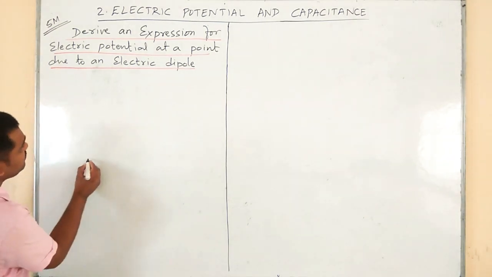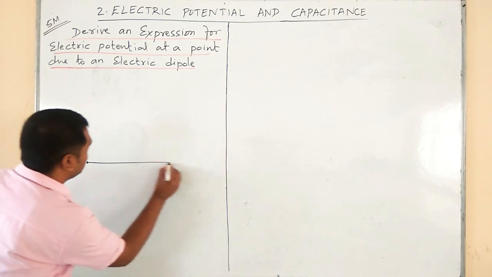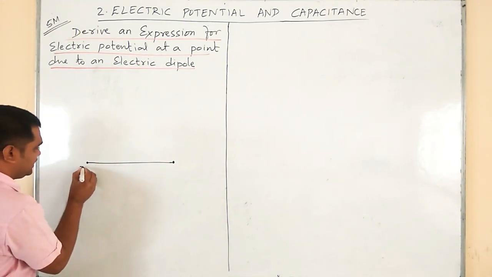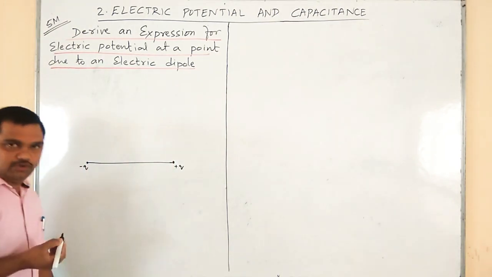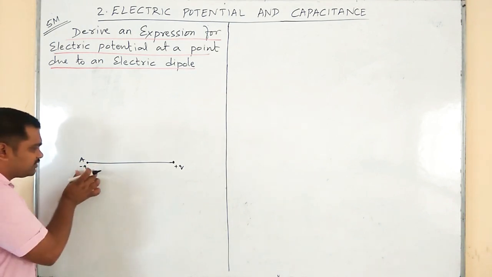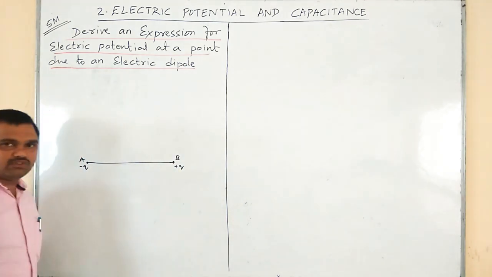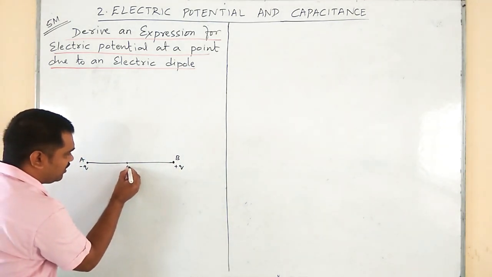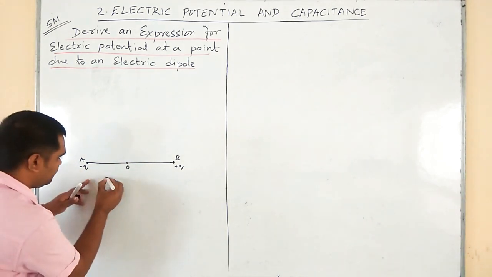Okay, see. Let us consider an electric dipole containing two equal and opposite charges, that is minus q and plus q. Let A be the point at which minus q has been placed. Similarly, at point B, plus q charge has been placed. Now, let O be the center of this electric dipole.